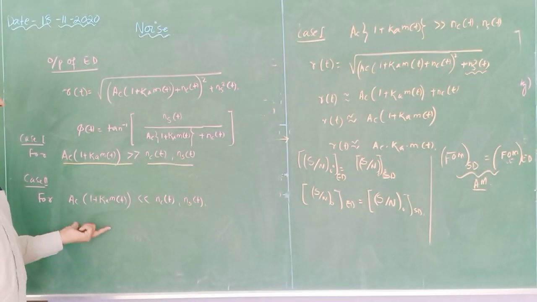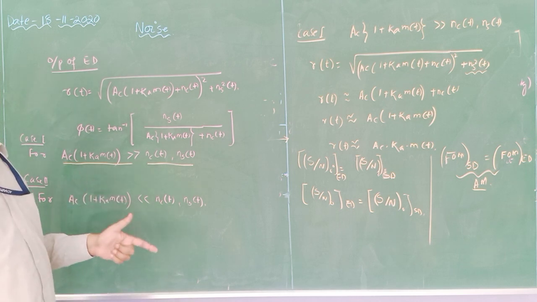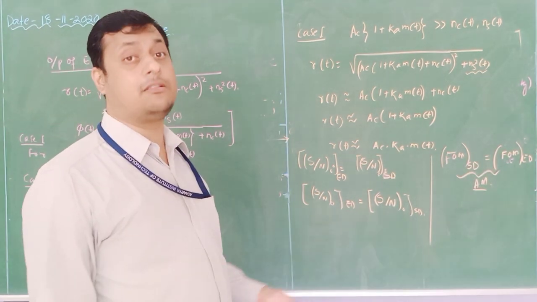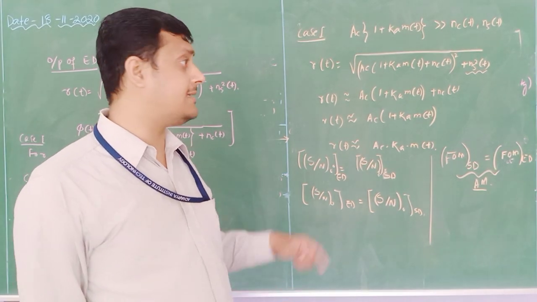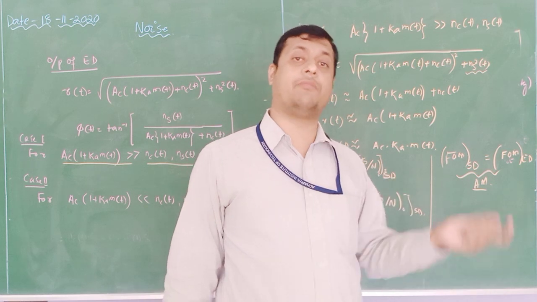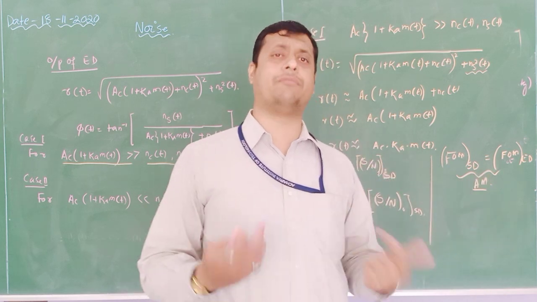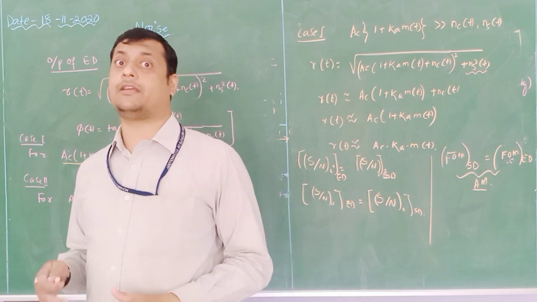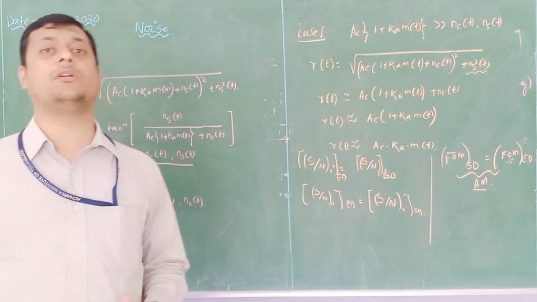It will change when this case arises. If the modulated signal amplitude is less than your noise component, then what changes come into the picture? In that case, your figure of merit won't be the same as for synchronous detection. It will be different. And we cannot measure the presence of the output signal.